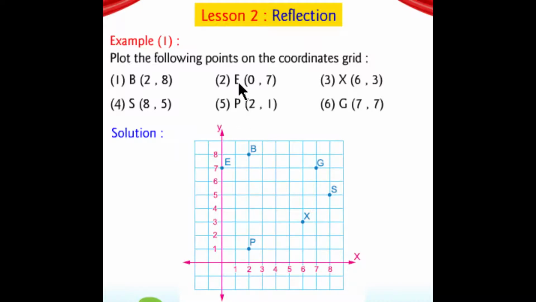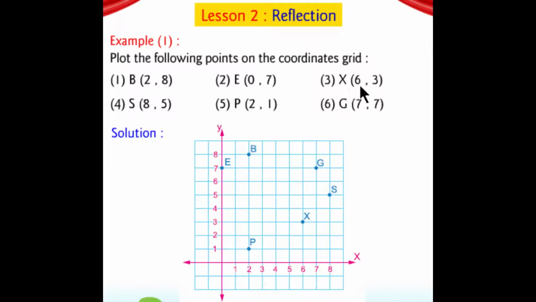The point E, (0, 7). 0 on the x-axis, then move 7 on the y-axis. The point E is 0 on the x-axis and 7 on the y-axis.